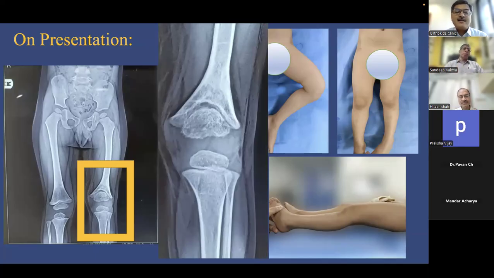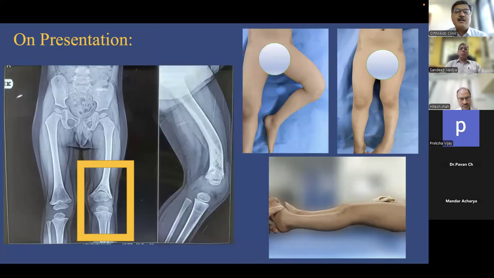Preksha, can you go back a slide and see the lateral view, Hitesh bhai? Something is seen in the lateral view in the center, but nothing in the AP, probably because even with the maximum extension we have taken the AP view, it's still in flexion. Sandeep, what do you think?